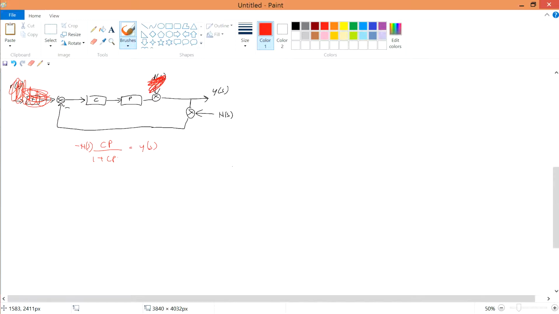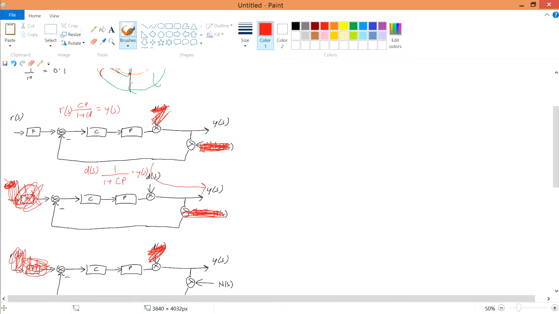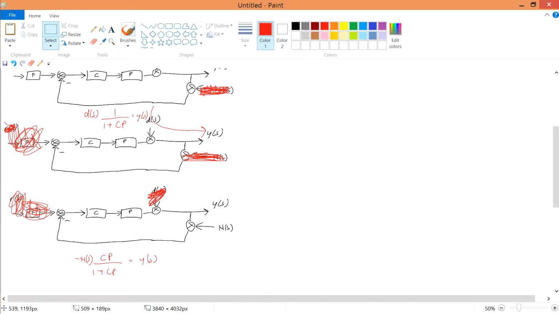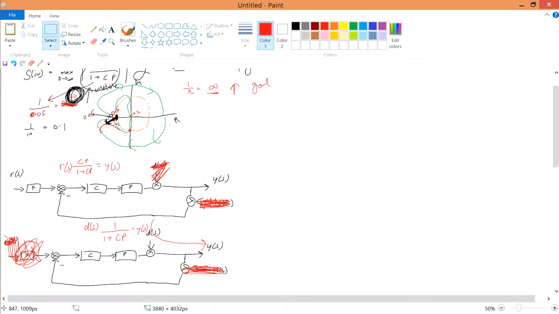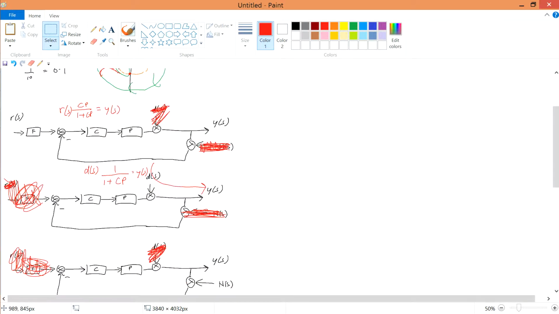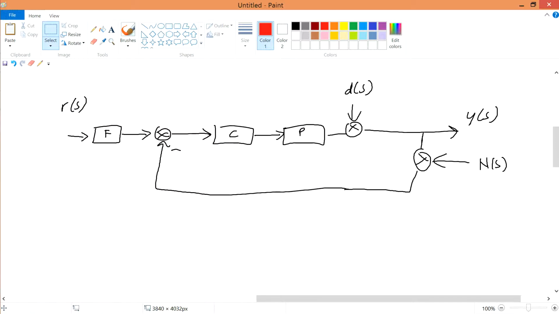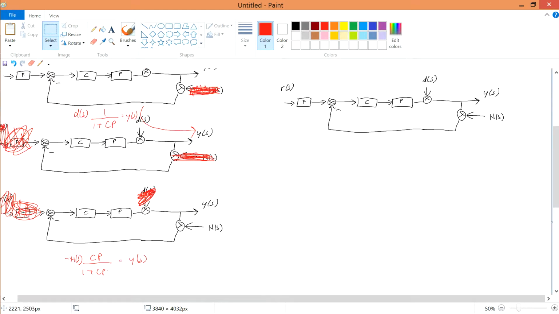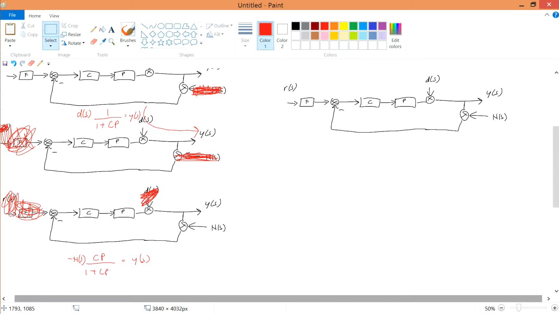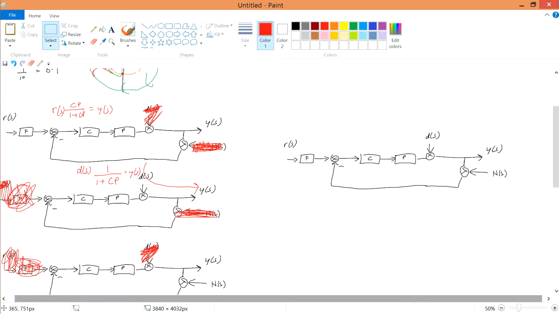And therefore I've represented the transfer function in three types. I can re-represent this block diagram in terms of these three, as I proved to you earlier. So it's just a summation of all these things.